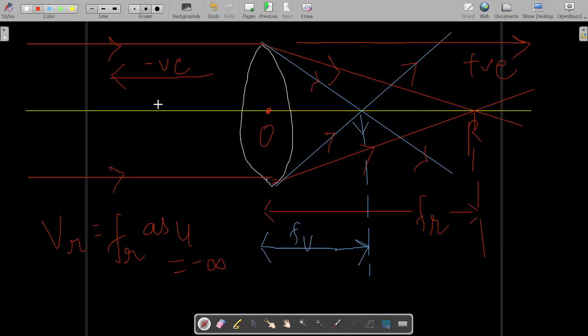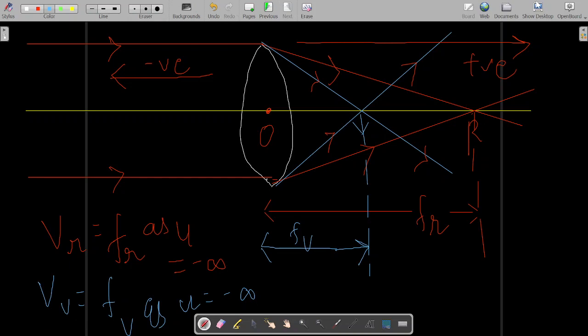Okay, so VR is equal to your FR, and similarly VV is equal to your FV over here, again as u is equal to minus infinity. Okay, so in this way you can understand the chromatic aberration of a lens.